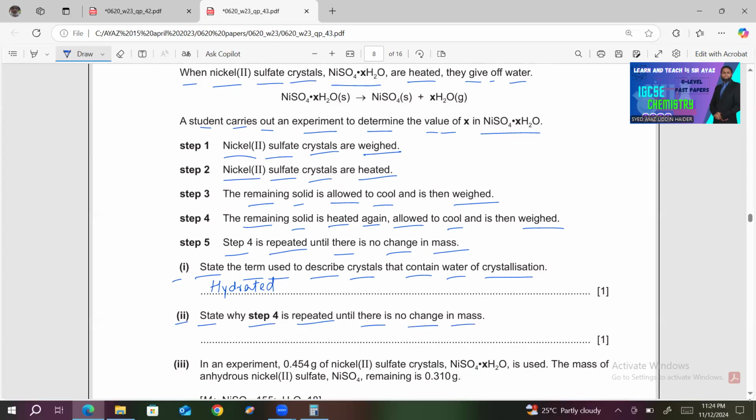To ensure that all the water of crystallization is removed.